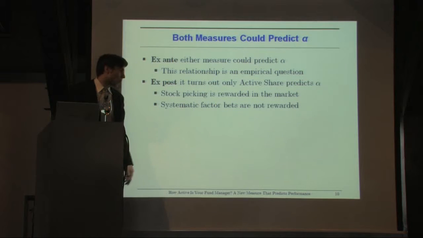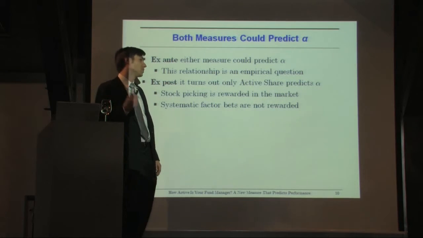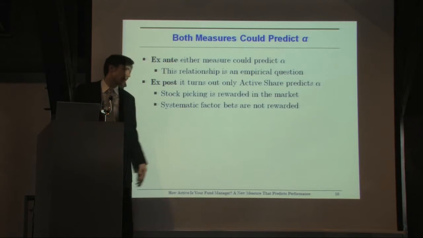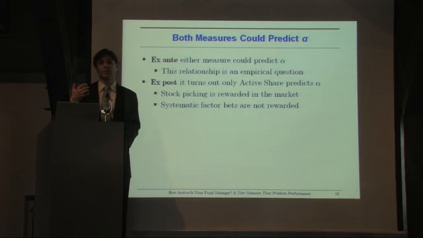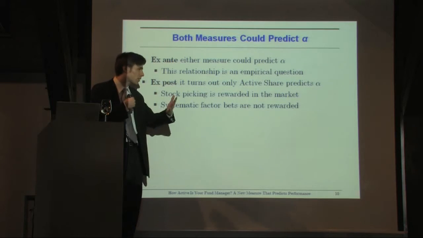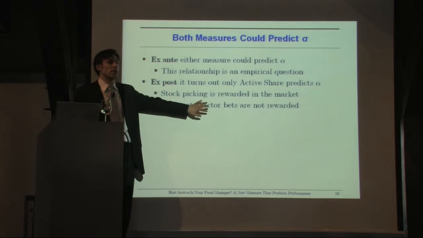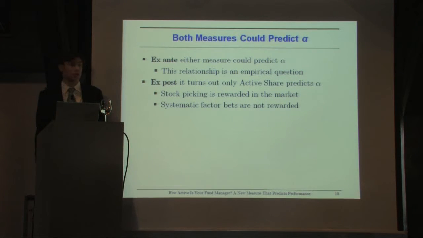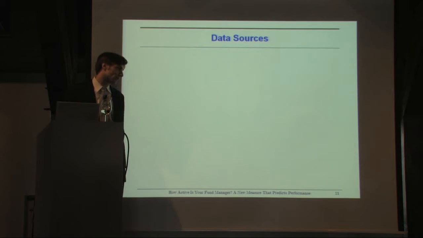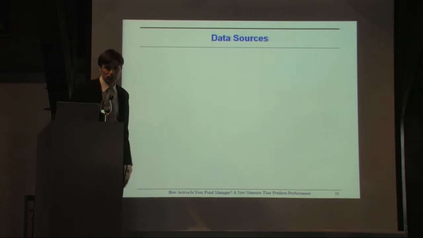But tracking error does not predict fund performance. That tells us that the managers that are primarily taking factor bets on various sectors or trying to time the market are the ones that are not earning their fees. Those are the ones that you should stay away from. I'll show you more numbers on that, but that's the preview.